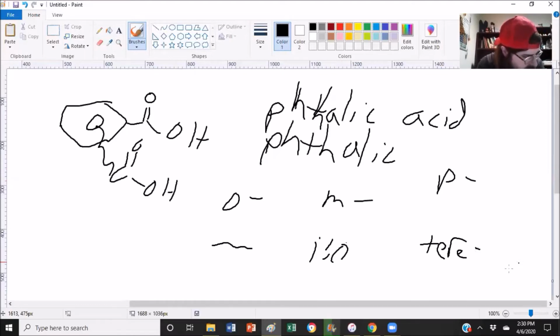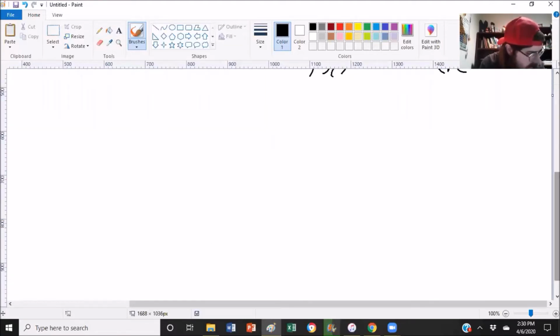Now, when it comes to naming these, we're probably going to still stick with the IUPAC, but it's interesting enough I wanted to mention it. So the alkane name for the IUPAC, you would say dioic acid, alkane dioic.